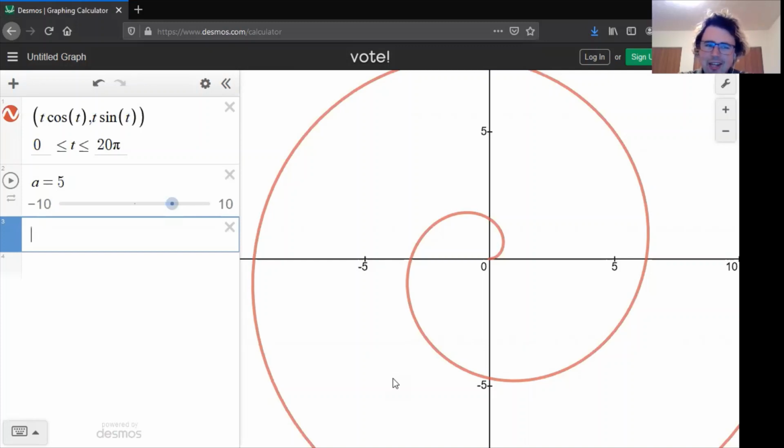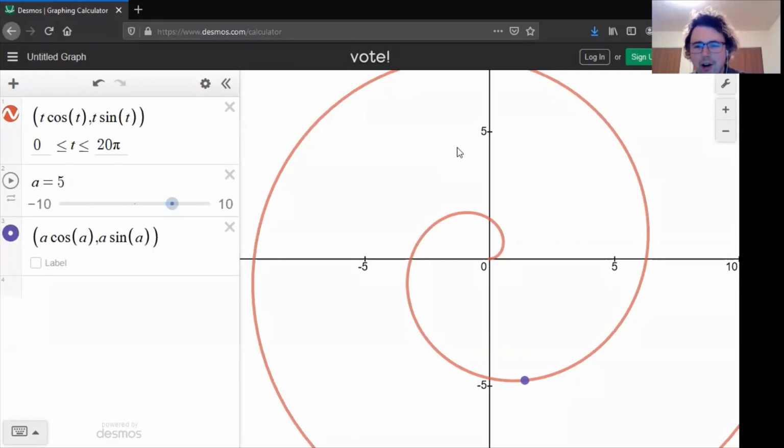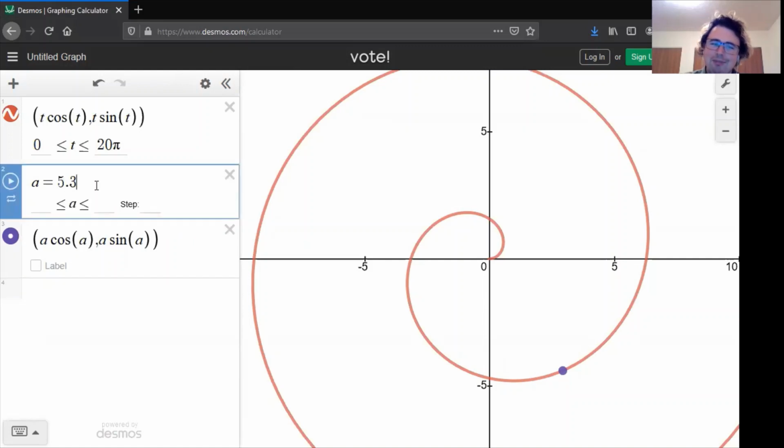If a equals 5, have I even gone a single time around before cosine and sine loop back on themselves? Well, I can just check by asking Desmos, where is the coordinate a times cosine of a, comma, a times sine of a, like so. And Desmos lights it up in purple. So no, I've only gone 3/4 the way around and change, but there is my point. The nice thing about this setup is I can then move the slider around to move the point. That's pretty cool.